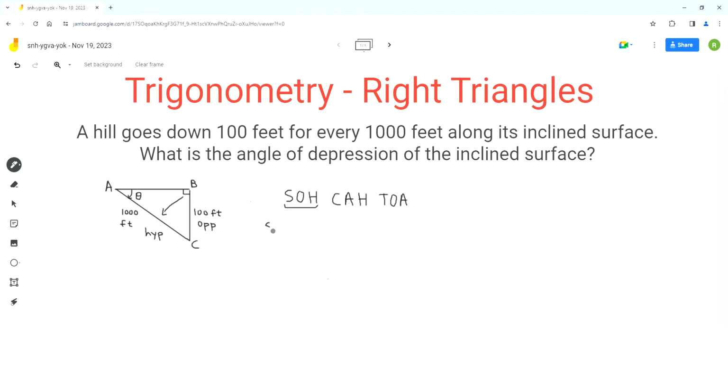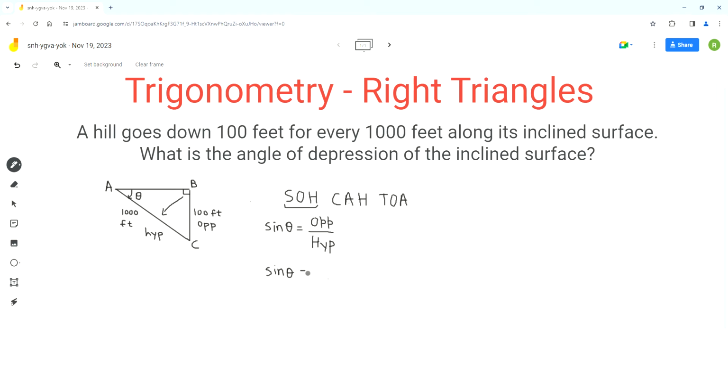The formula for sine ratio is opposite over hypotenuse. So sine of angle theta equals the opposite side length over the hypotenuse side length. Now we can sub in the values from this diagram to calculate angle theta.